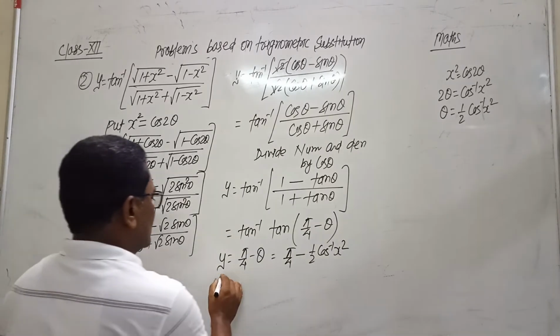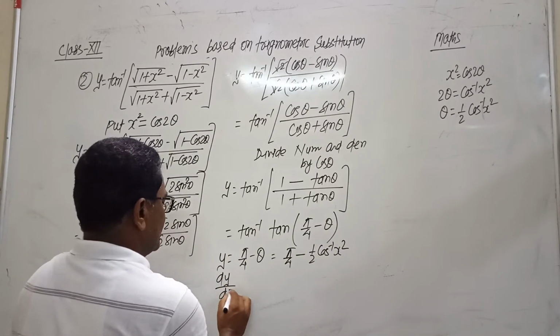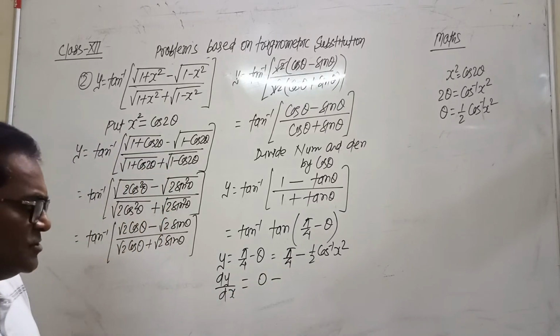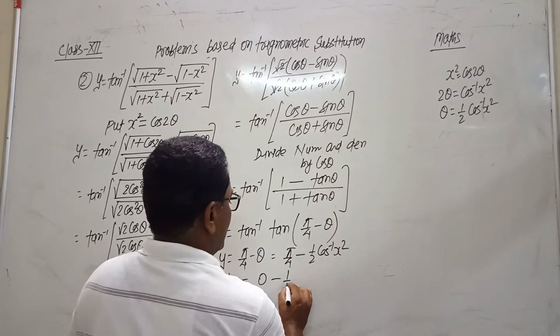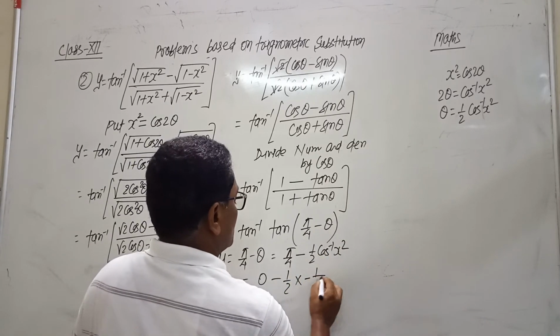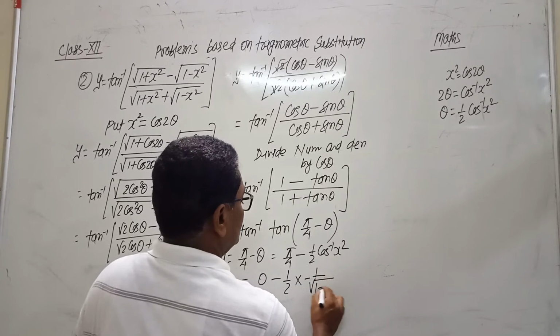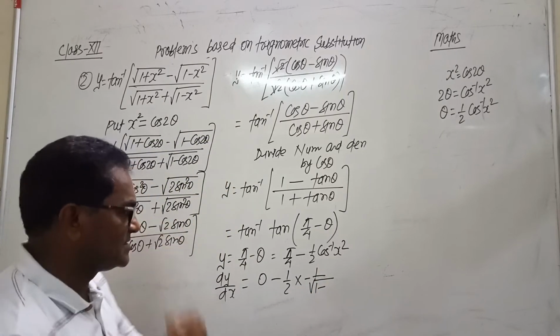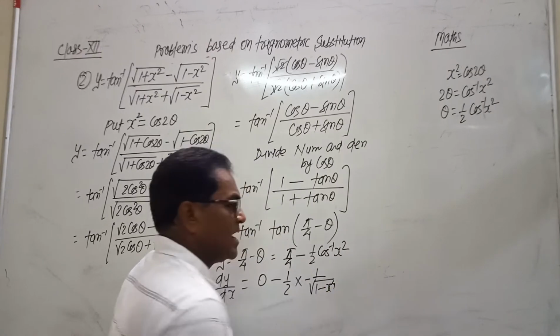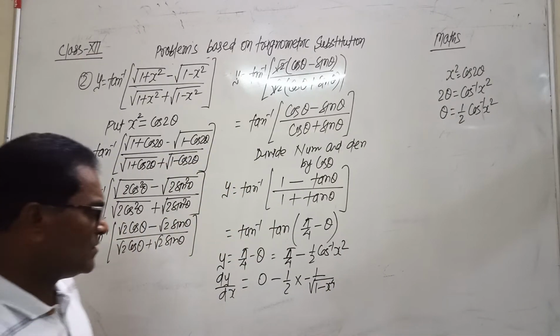Now differentiate with respect to x. So dy by dx: pi by 4 is a constant term, its differentiation is 0, minus 1 by 2 times the differentiation of cos inverse x square, so minus 1 upon under root of 1 minus x square the whole square, which is x raised to the power 4.